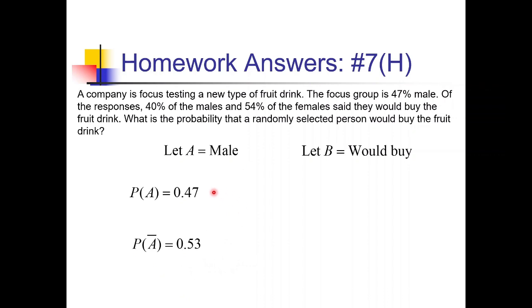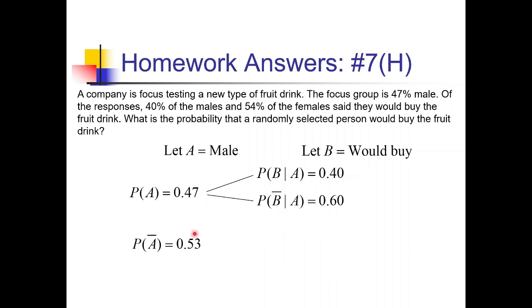All right, now given these probabilities, we're going to dig deep into the would buy part of the event here. So given that we have a male, the probability that they would buy, P of B given A, is going to be 40%. If we have a male, the probability that they would not buy, P of not B given A, would be the remaining 60%, so 0.60.